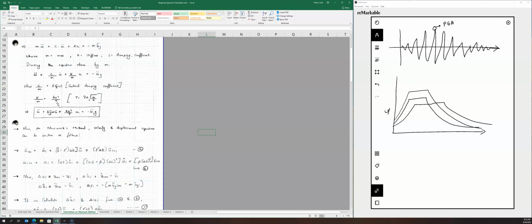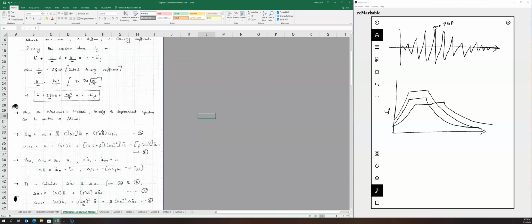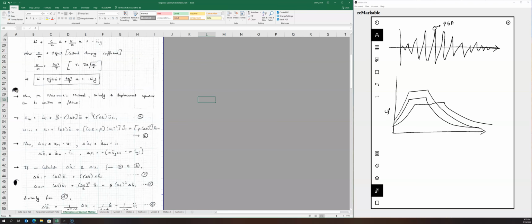That natural frequency of the building is accounted for in this particular term, 4 pi square over T squared. You can replace it with omega square, which is the frequency, and T is the time period.